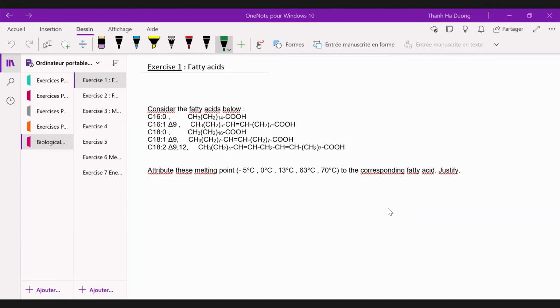So in the first molecule you have a saturated fatty acid. You have no double bond. In the second molecule, you have one double bond and it's between carbon 9 and 10. Okay. So you have the melting points and you have to attribute each melting point to the corresponding fatty acid and tell me why.